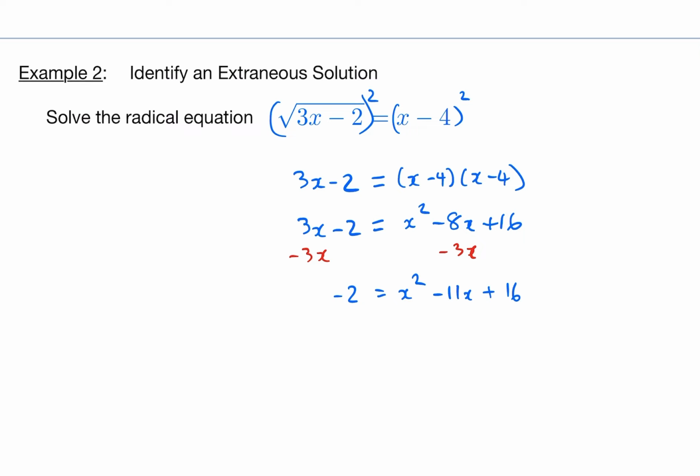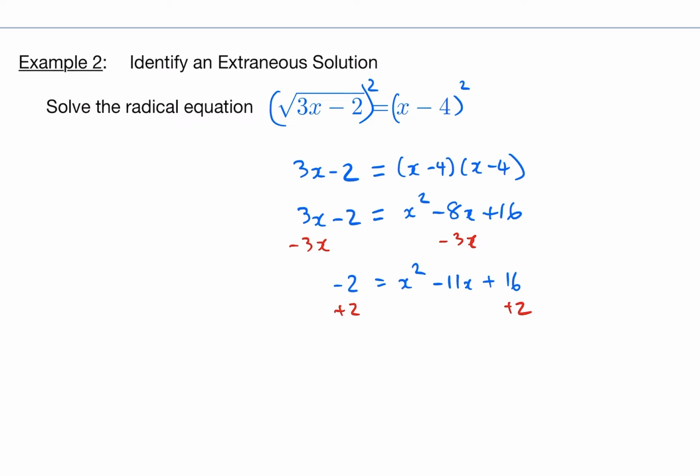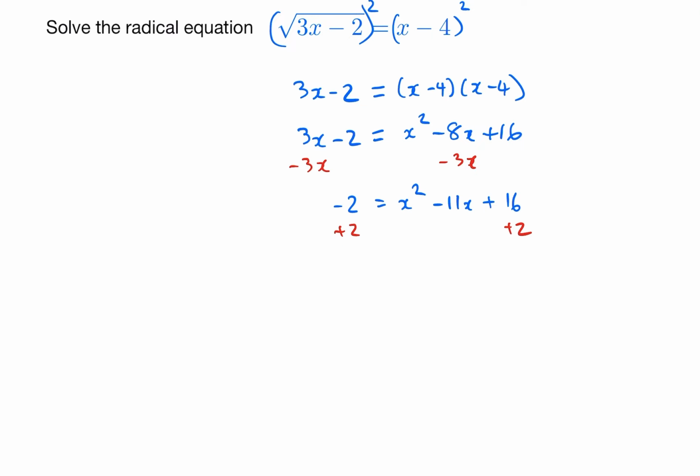Then we add 2 to both sides, and we're left with 0 is equal to x squared minus 11x plus 18. Now we're going to factor this, and this factors out to x minus 9 and x minus 2.